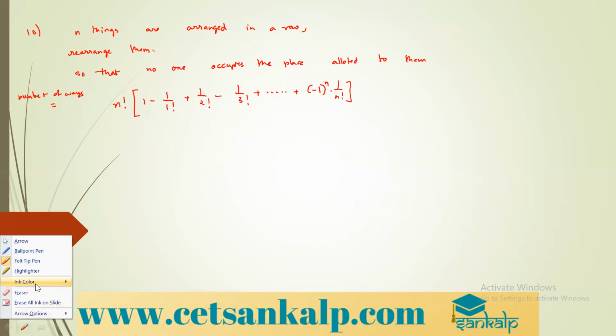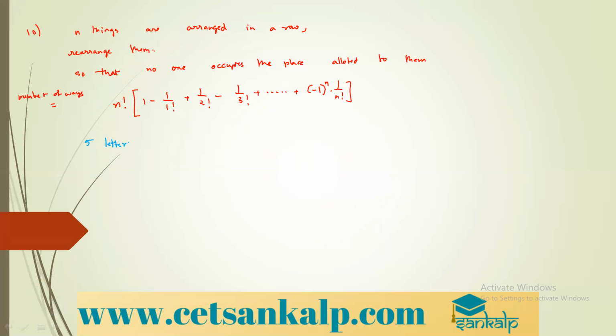Now, how is this formula used and what is the situation? Suppose there are 5 letters. So 5 letters you will put in 5 envelopes. They are already arranged. There are n things and these n things have n places.